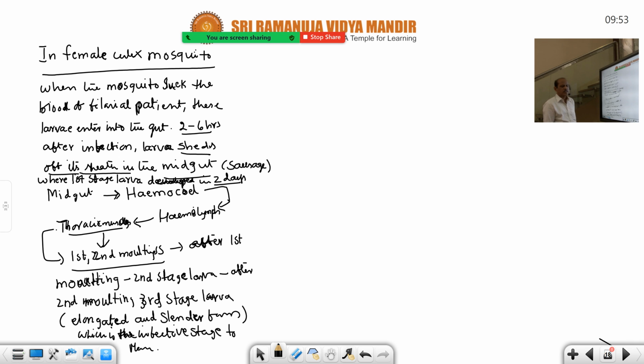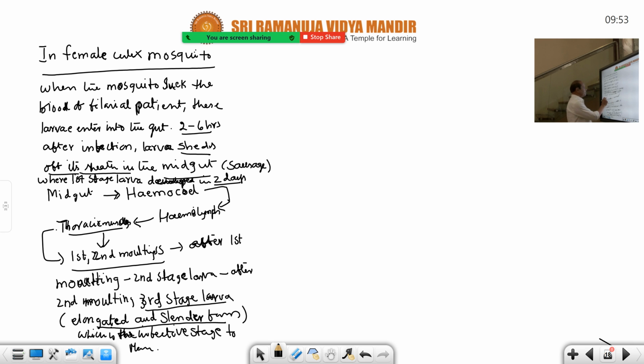At what stage does it infect humans? That stage is the infective stage. And for Plasmodium vivax, the infective stage to man? Sporozoite. So don't forget about all the infective stages. Entamoeba, tetranucleated cyst; Plasmodium, sporozoite; Ascaris lumbricoides, second stage rhabditiform larva; Wuchereria bancrofti, this third stage larva, elongated and slender form, which is the infective stage to man.